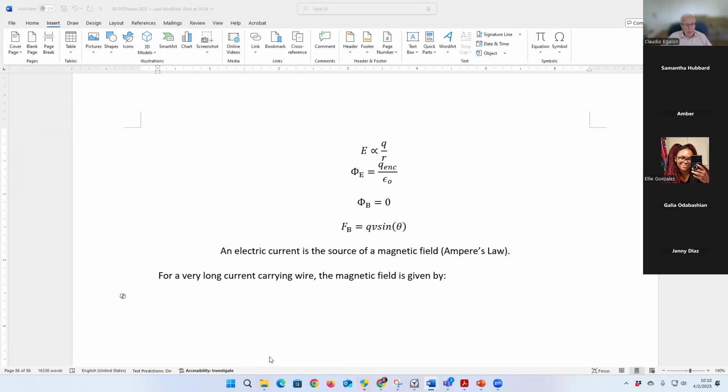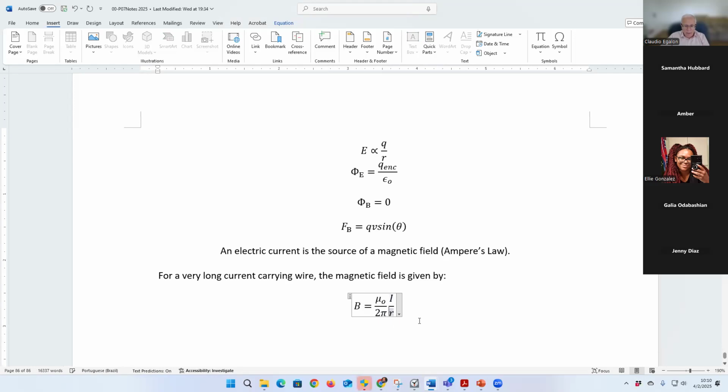It's going to be a constant that I call the magnetic constant. It's the magnetic counterpart of epsilon naught, okay? And I'm even going to put it in a different way. I'm going to separate the source and distance components from the constants. Let's do it this way.